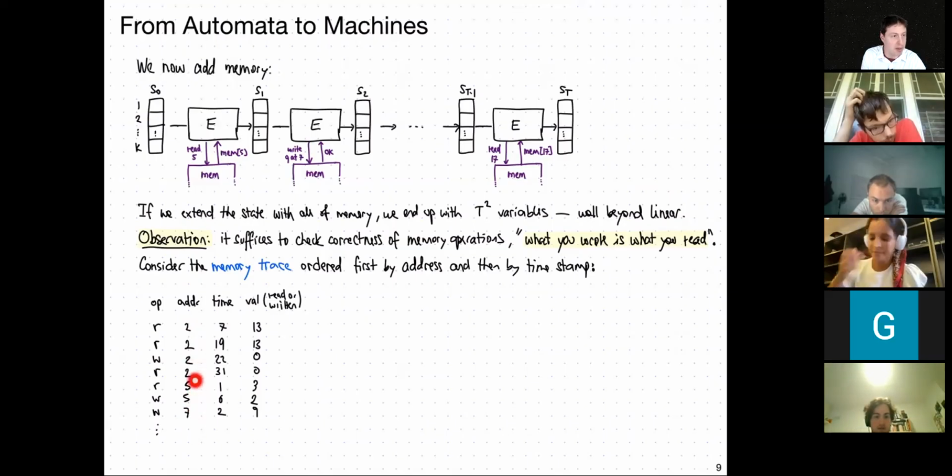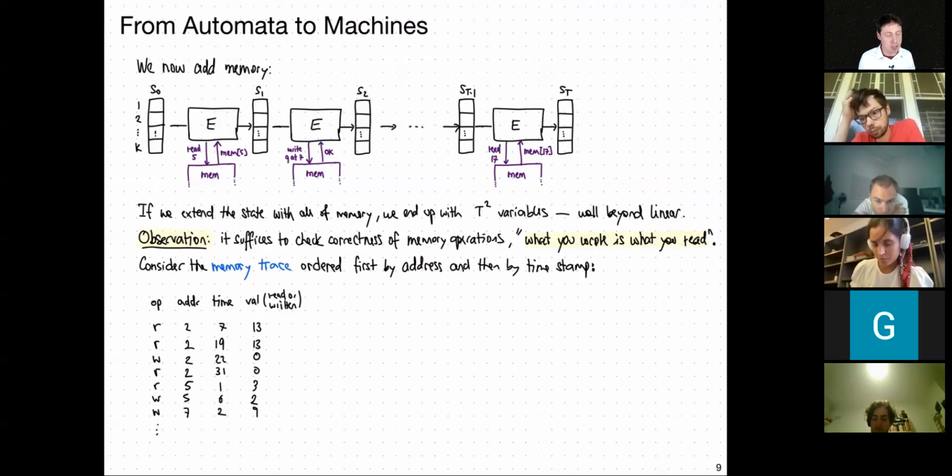Why is there nothing on 3? Because 3 was never accessed, okay? And then it's ordered by time, meaning that within the accesses to address 2, I order according to time. And you have either a read or a write, and the value that is read or written, right?